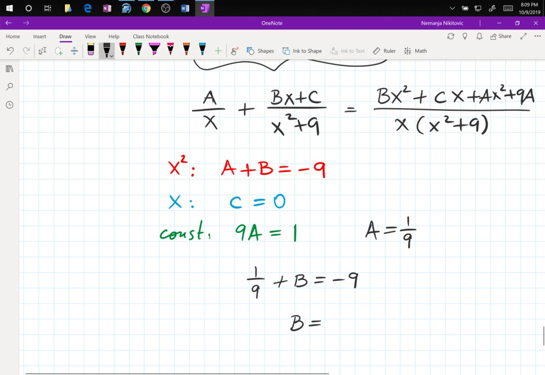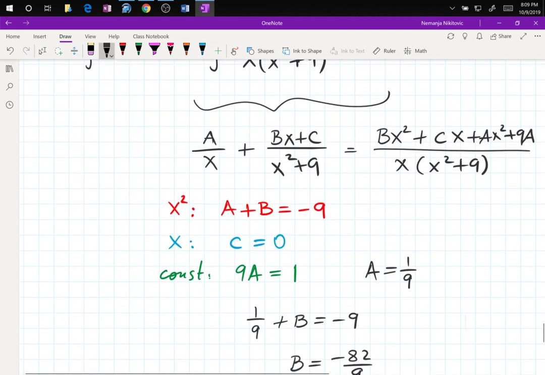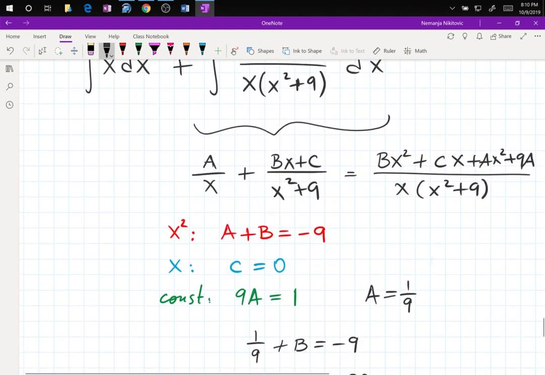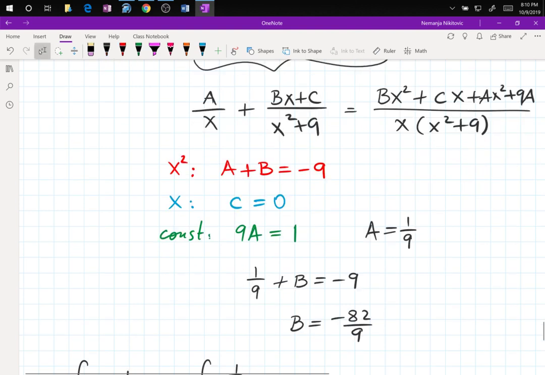81. And the 1 is 82. Negative 82 over 9. Great. So now what do I have? All these integrals. I have the integral of x dx plus the integral of 1 over 9 over x plus, and the second one is bx plus c, but c is 0.